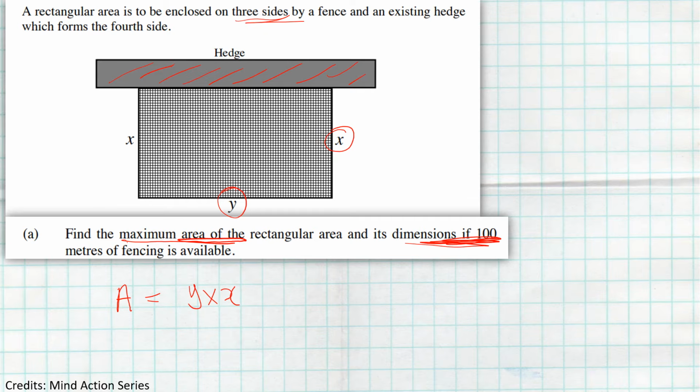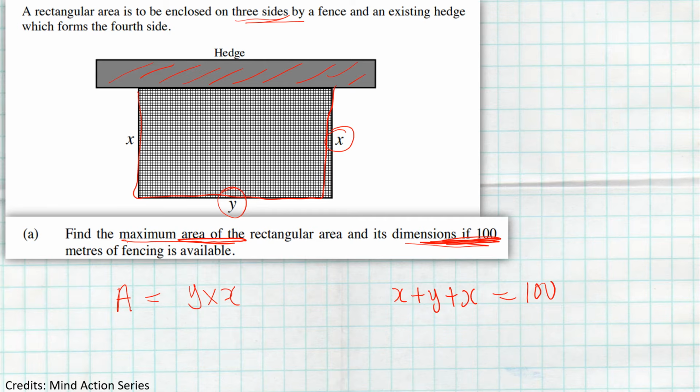So when you take x plus y plus x, which is the total length of this fencing, it must be equal to 100. We call this a perimeter.